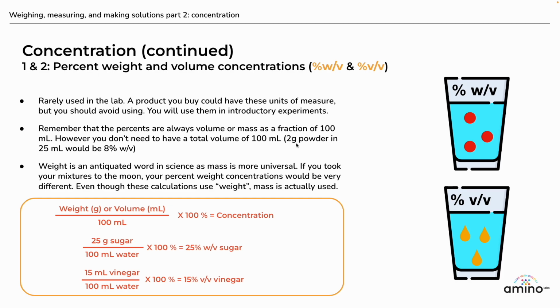So for example, if you had 2 grams of powder and 25 milliliters of water, that would be 8% weight per volume. Okay, and you do this by, this 25 needs to become 100, right? So you would times that by 4, and therefore you also need to times the numerator by 4, which would get you to 8, and therefore we would have 8 over 100 is 8%.